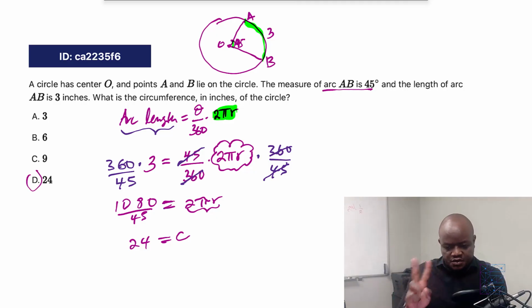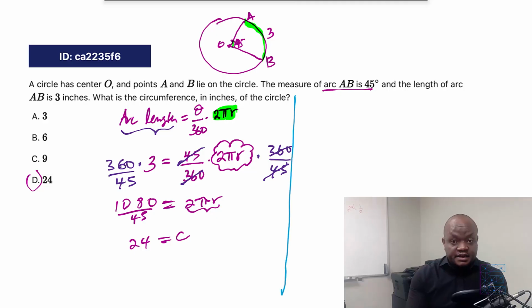Now method 2 would be setting up a proportion, okay? Now it's very simple. In this same diagram that we sketched over here, we are looking for the entire circle circumference, right? Well, the entire circle has a degree measure of 360. But right now we are told that the 45 degree section is 3 units long.